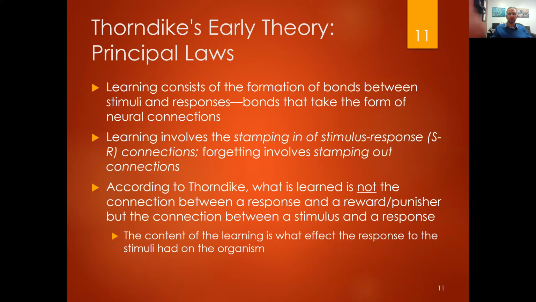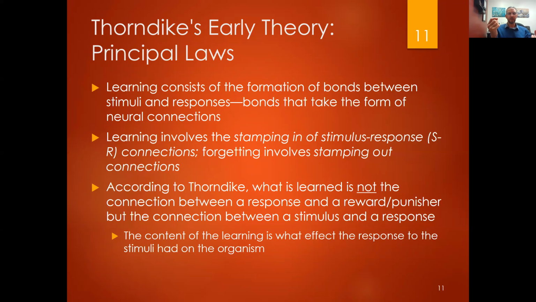So the way Thorndike was thinking about it is that when we learn, we're learning that in a certain context, we behave a certain way. So we're learning the connection between a stimulus and a response. It wasn't necessarily that we are learning that, oh, if I act this way, then I get this reward.